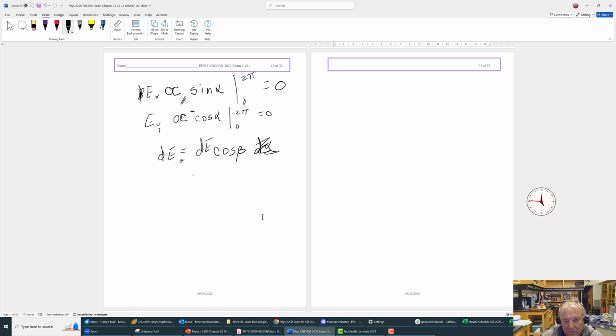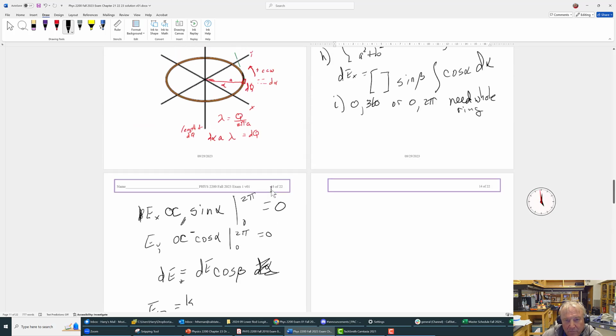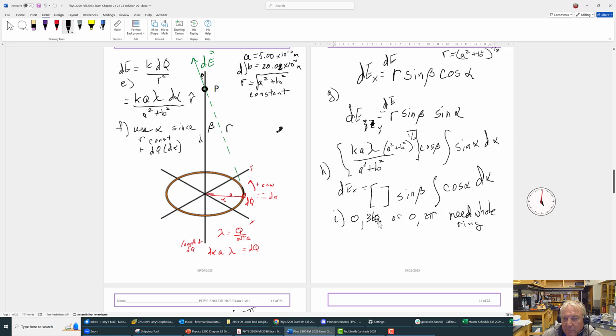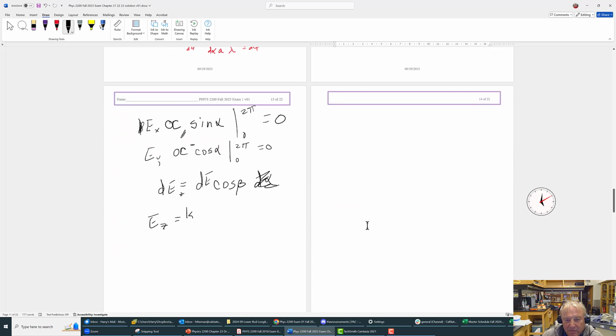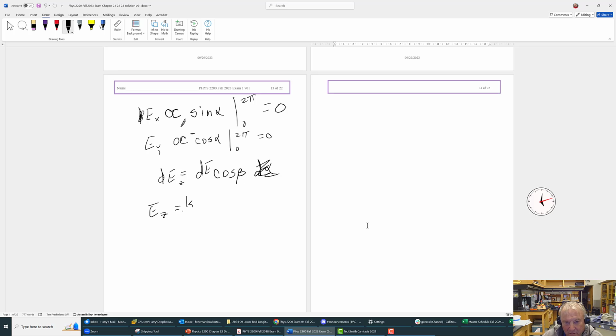And then so that becomes E of z equals k times I gotta remember how to do that. Oh, simple. It was r over r squared, so then that means you're left with an r down here.